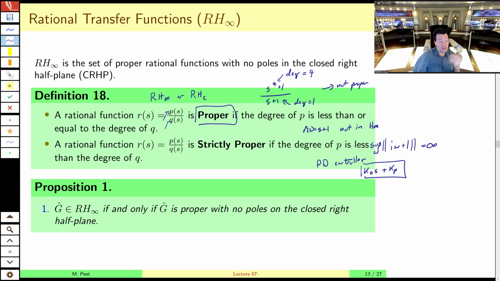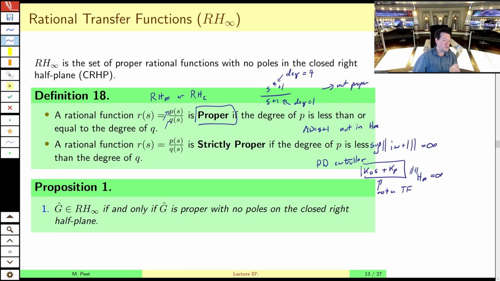It's not actually a transfer function, by our definition, because its H infinity norm is infinity. So PD controllers are not in H infinity, therefore they must violate causality, time invariance, or linearity, and the thing that they violate is causality.